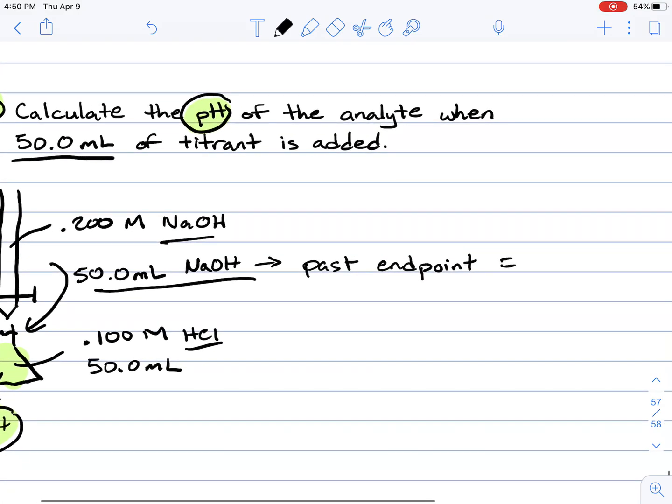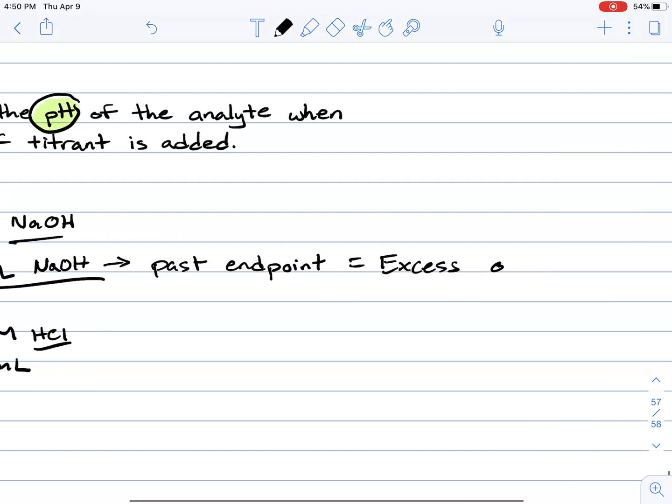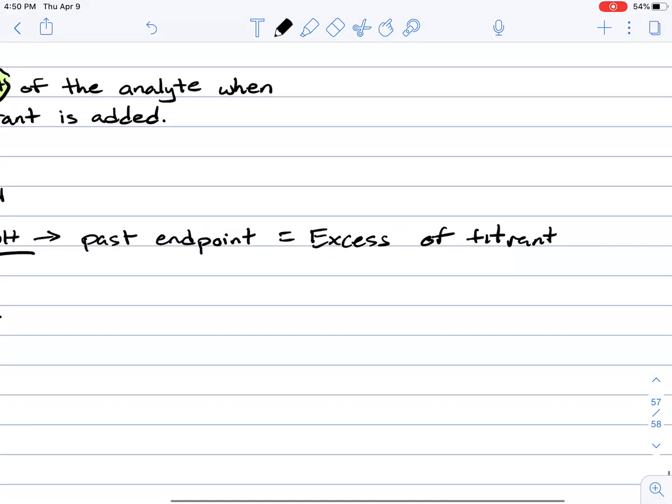what that means is that we're going to have an excess of titrant. And since the titrant in this scenario was a base, we're going to have an excess of the base.